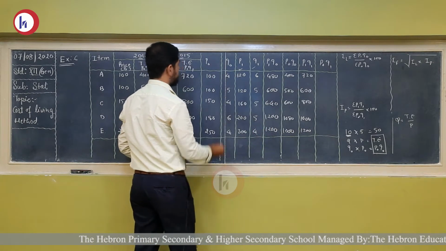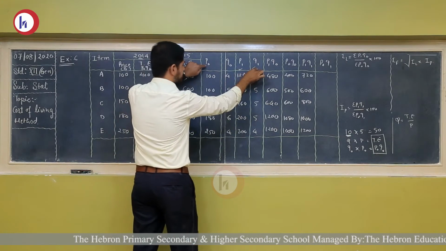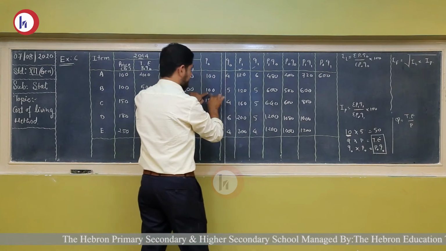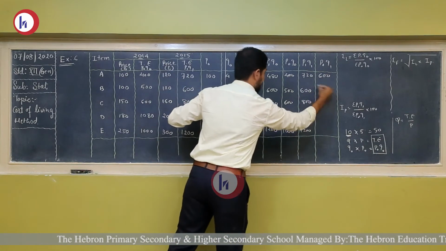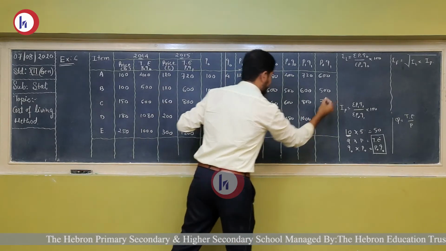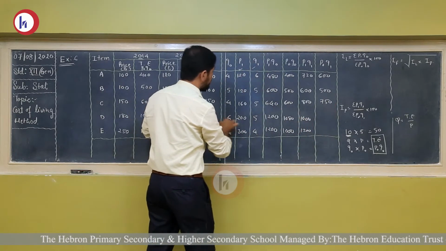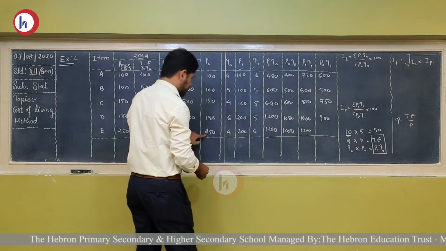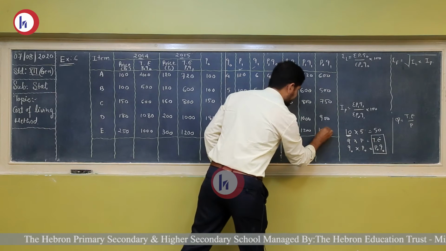So let's multiply P0 with Q1. 100 into 6, that is 600, 100 into 5, 500, 150 into 5, 750, 180 into 5, 900, and the final 250 into 4, that is 1000.